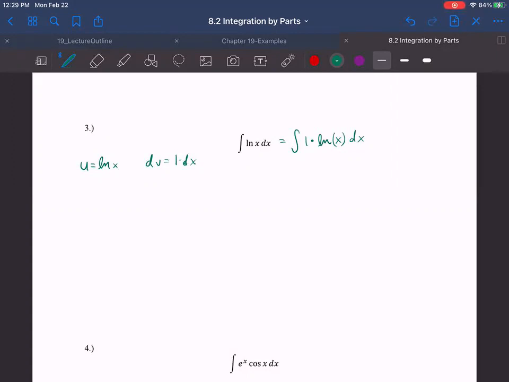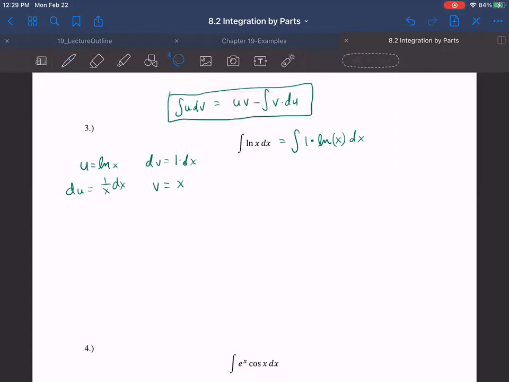So what's du then? 1 over x dx. And what's v? There we go. And so again, paste this up here.